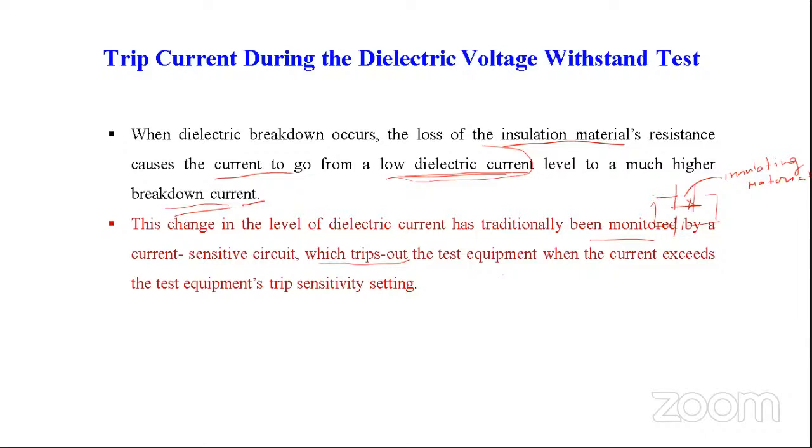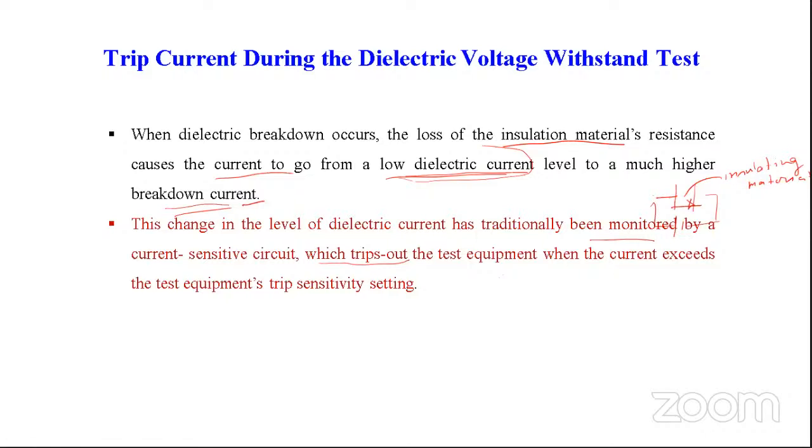But if the fault occurs within the system, then there is a change in network condition. By sensing this, if the current flowing through the circuit is more than the specified current, then the circuit breaker operates. Here also, from the same point of view, in the trip circuit we set a particular current level.